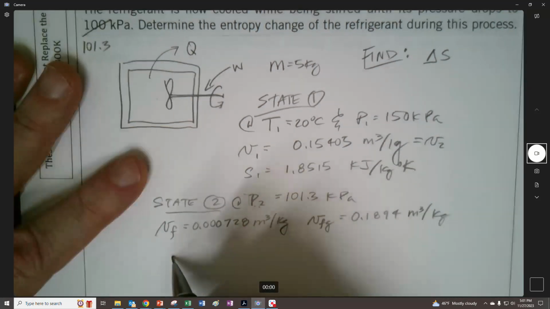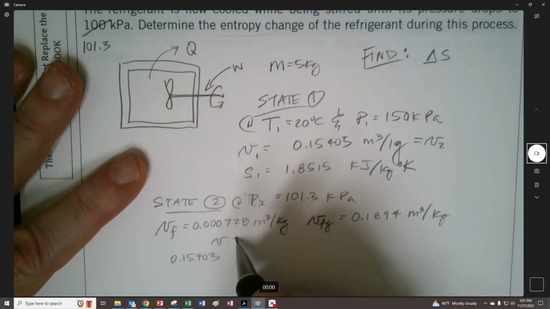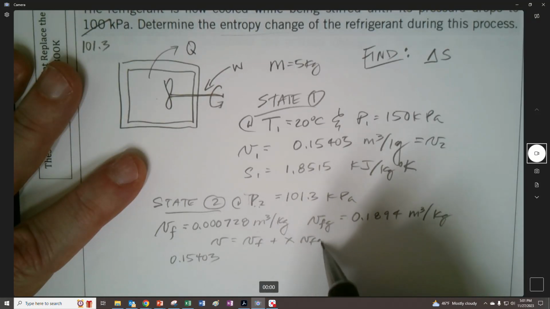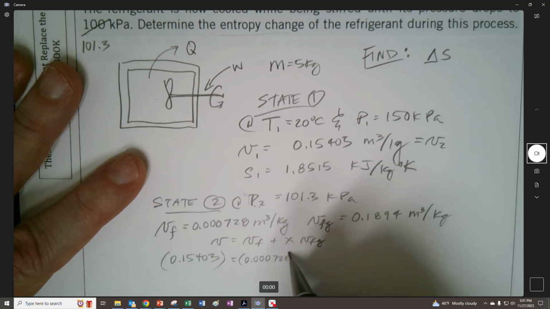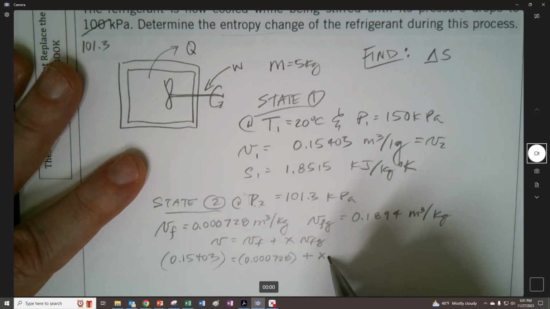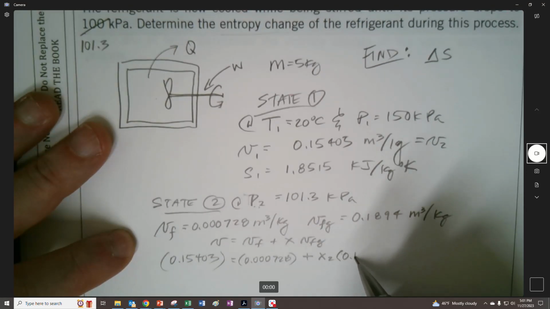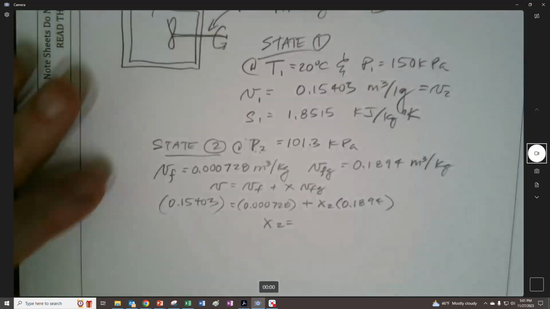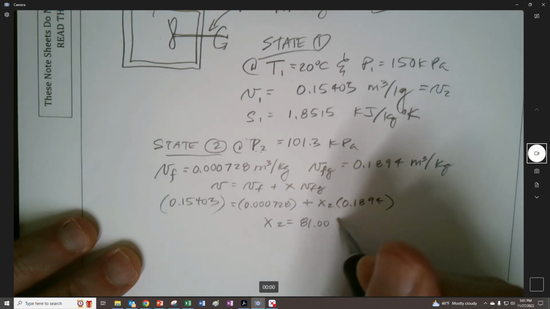So we're going to take 0.15403, because we're going to take this and set it equal to VF plus X VFG. So I should write the equation above it. I'm going to set the fluid, 0.0130728, plus X, and this will be the quality at state 2, times 0.1894. Find out what this is, and we'll go ahead and take my word for it that it's 81%.